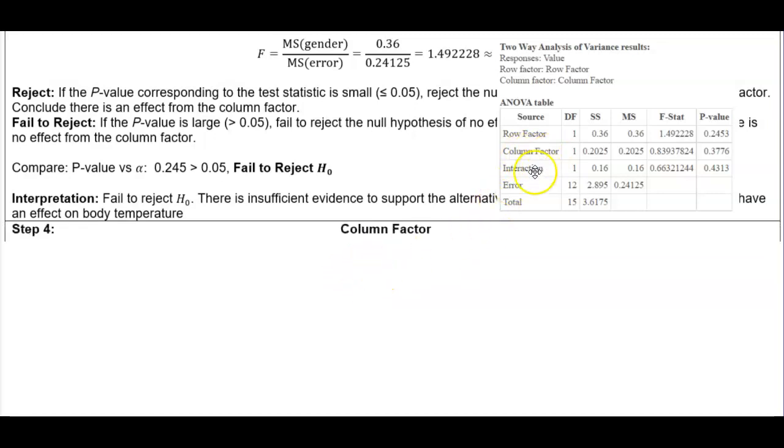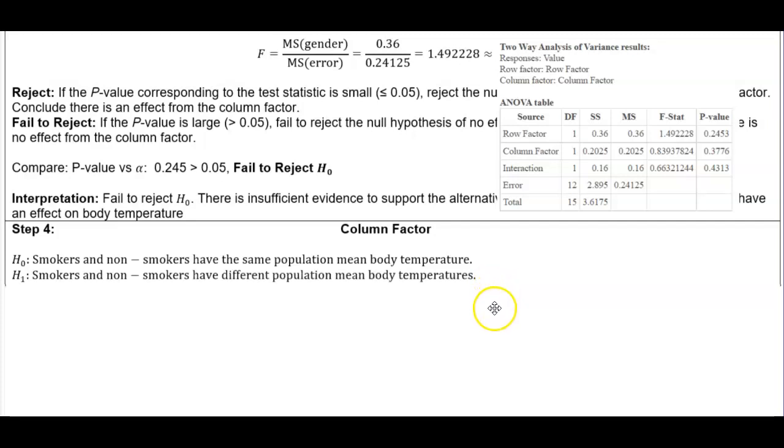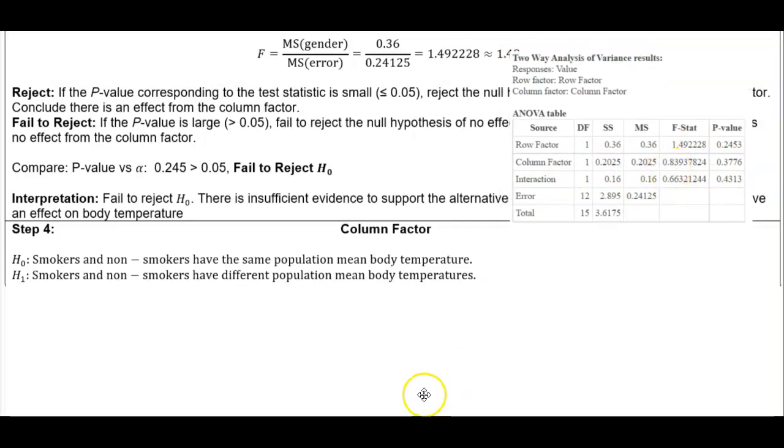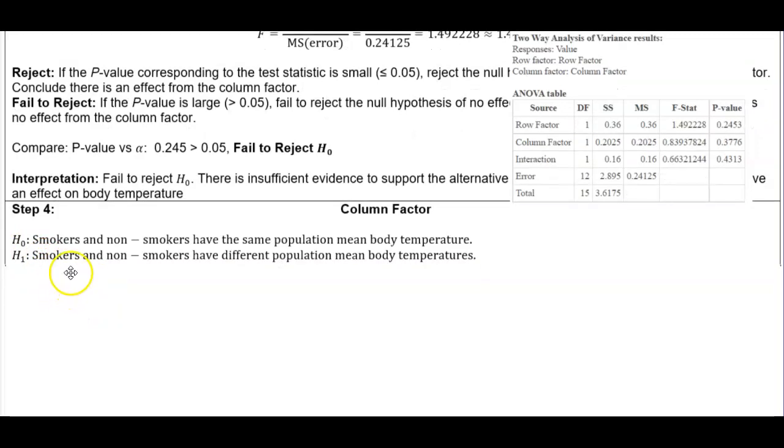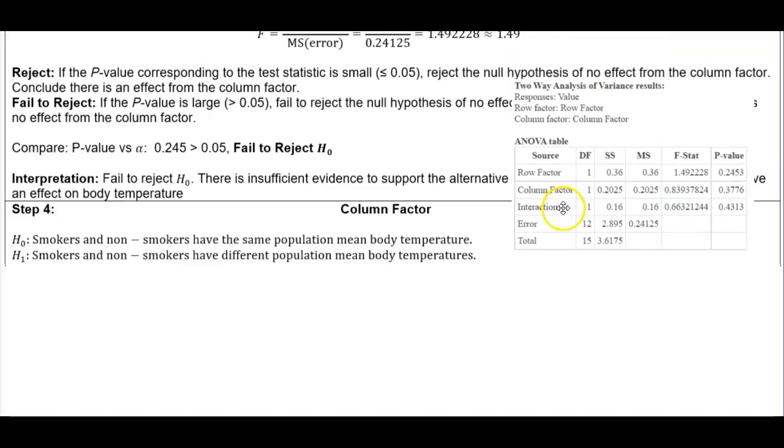Last thing we want to do is the column factor. And recall that the column factor is smokers or non-smokers. So here we have the mean squares for the column factor, the test statistic, and the p-value. So the null hypothesis is that smokers and non-smokers have the same population mean body temperature, and the alternative is that smokers and non-smokers have different population mean body temperatures.